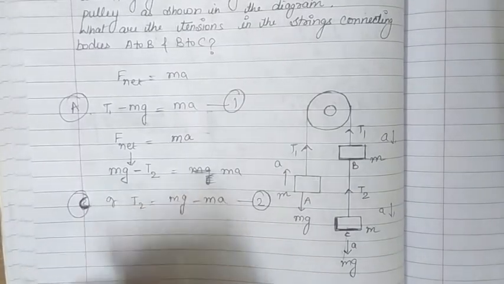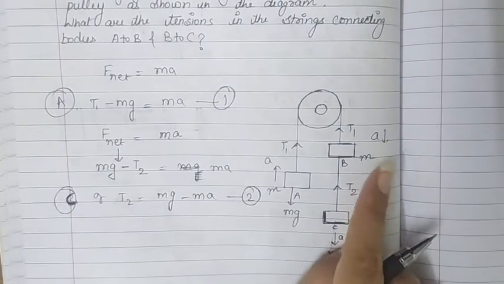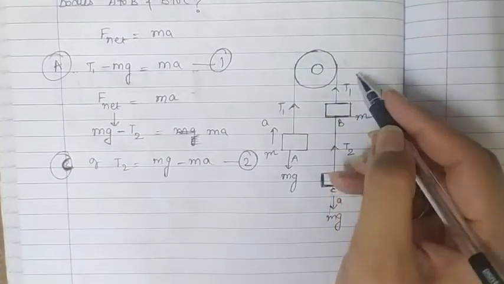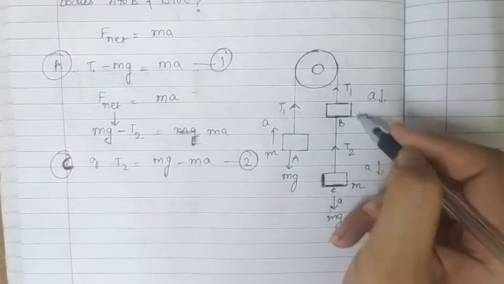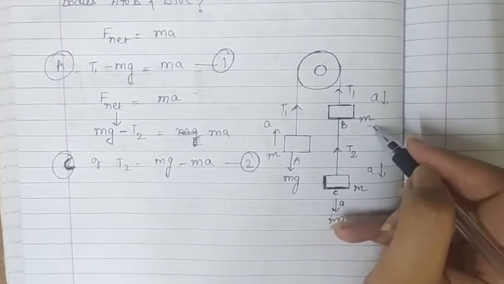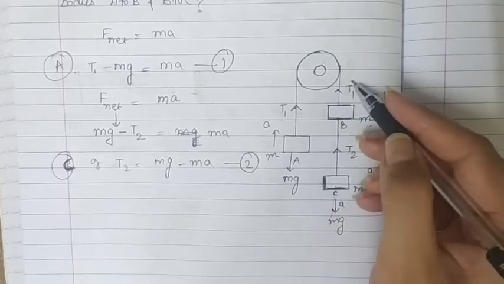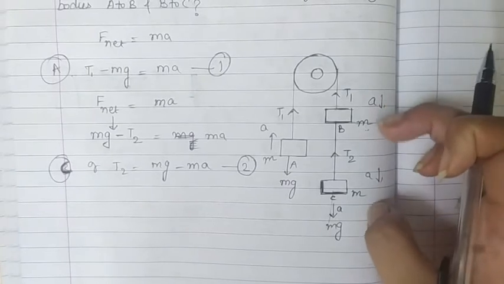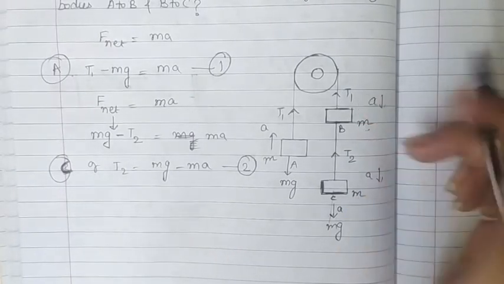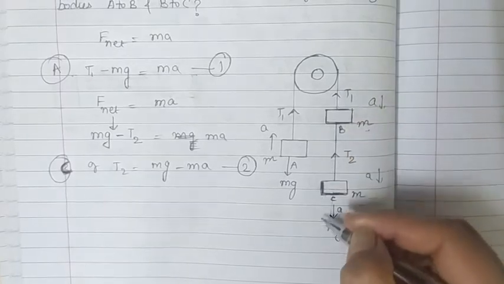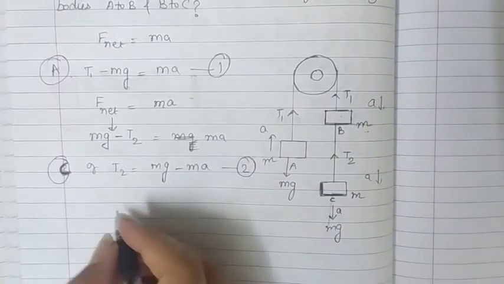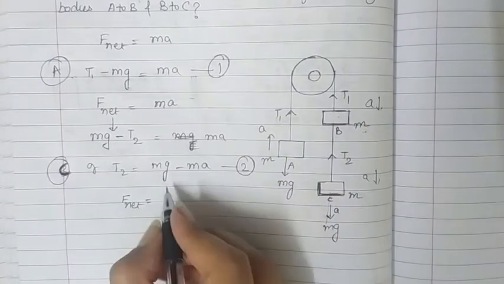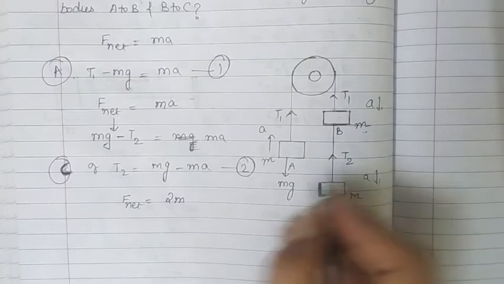We also have to write an equation for block B to solve this question. This T1 is not acting only on the mass of block B. This T1 acts on both objects, so the mass for it will be twice m. So to write the equation for T1, we have to consider the system of B and C. The net force will be 2m into acceleration a, going downwards.